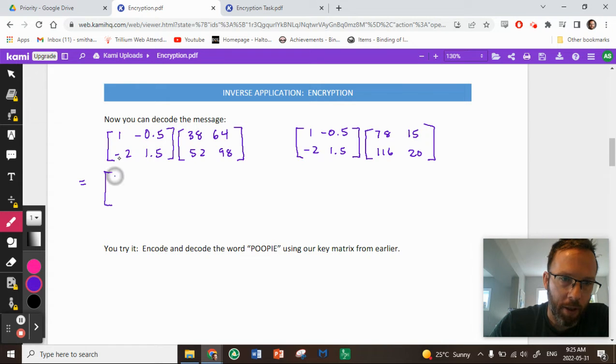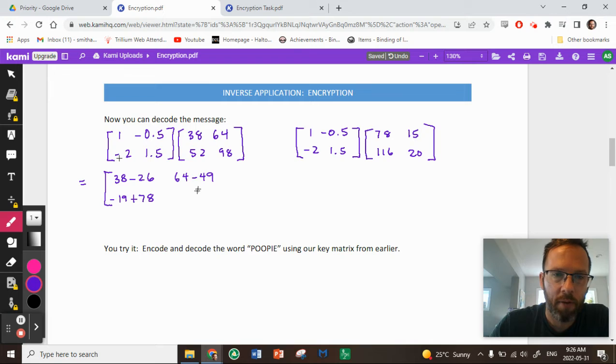So that would be 38 and then -26, 64 minus 49, -19 plus, I'll have to be careful here, half of 52 is 26, 78, minus 128 plus, that would be 147.